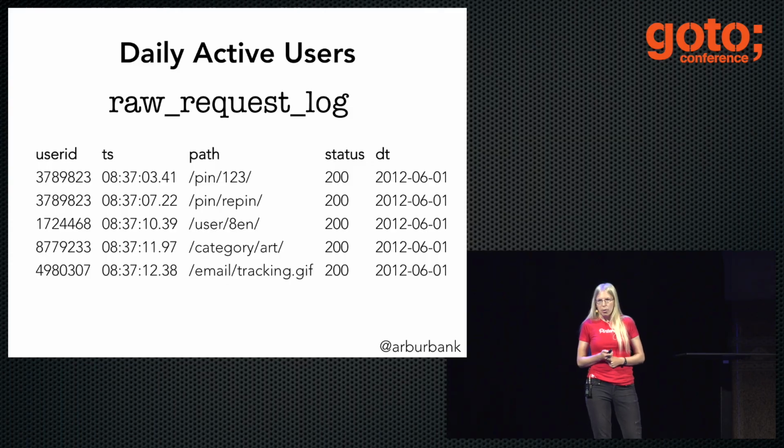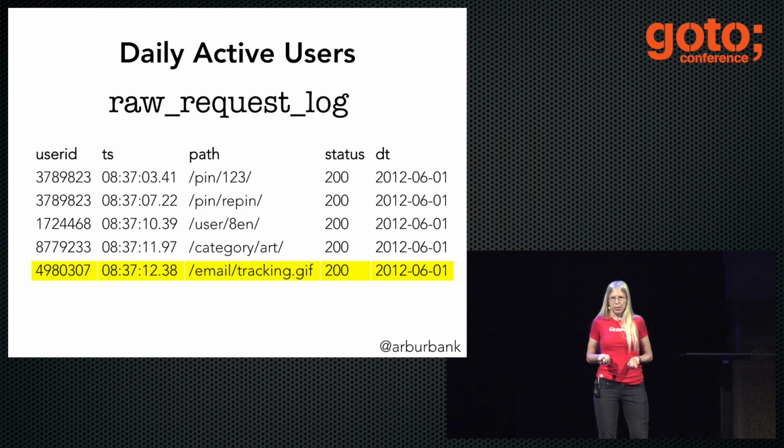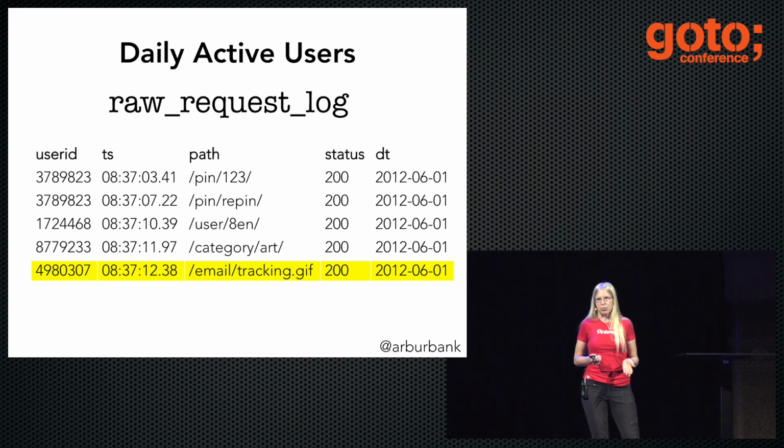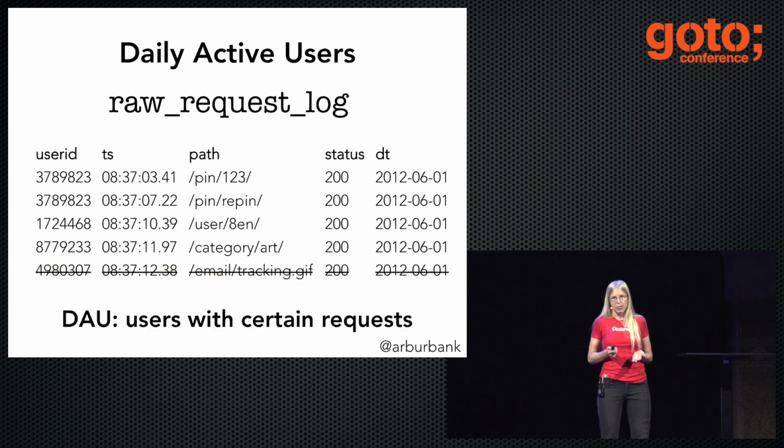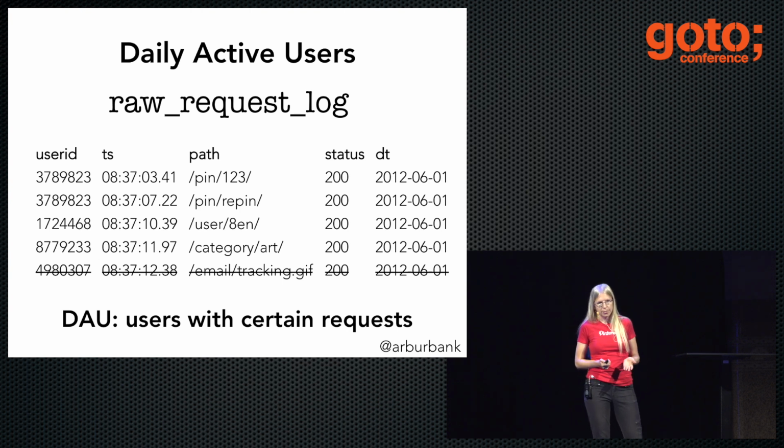And so if you look at our raw request log, it's not just those requests for a pin and a repin and visiting a user profile, but there's this little request on the bottom for the tracking GIF. Well, that's not a real user. That's somebody who opened their email on their phone or on their laptop. They didn't visit Pinterest at all. They just got an email from us. And so now we revise our definition of DAU to users with only a subset of certain requests.